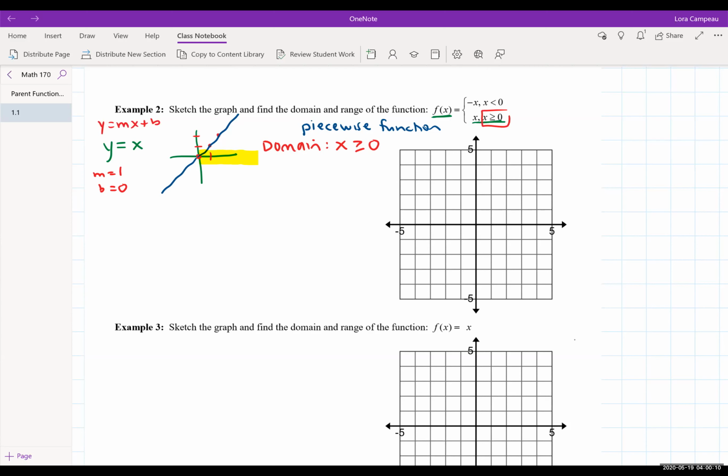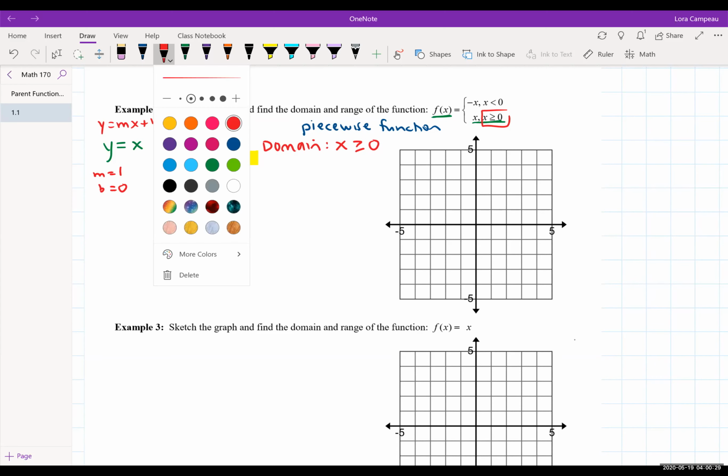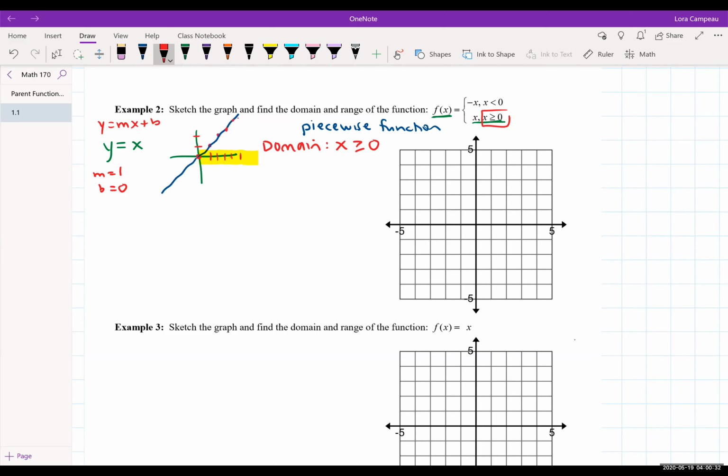What I want to see is what corresponding y values are made for those x values, any of those x values in the highlighted region. So I notice I would have to look upwards to find my corresponding y values. So that would indicate that I would not need this piece for all the x values that are less than 0. So you would see that I would erase it.